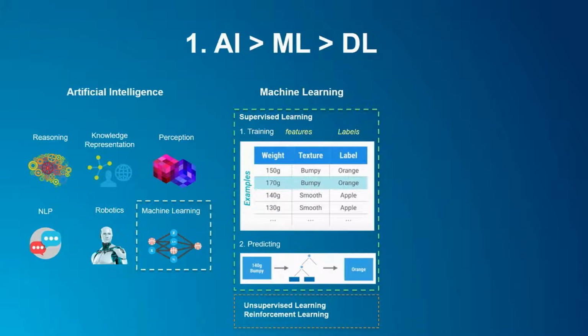And that could be images as well, but the example that I'm going to give here is classifying fruit based on their texture and their weight. If you have parameters about your data, and this could be fields within a feature class, or it could be information like this, machine learning algorithms would take this information and try to figure out what the best label to assign to these fruits based on this input.